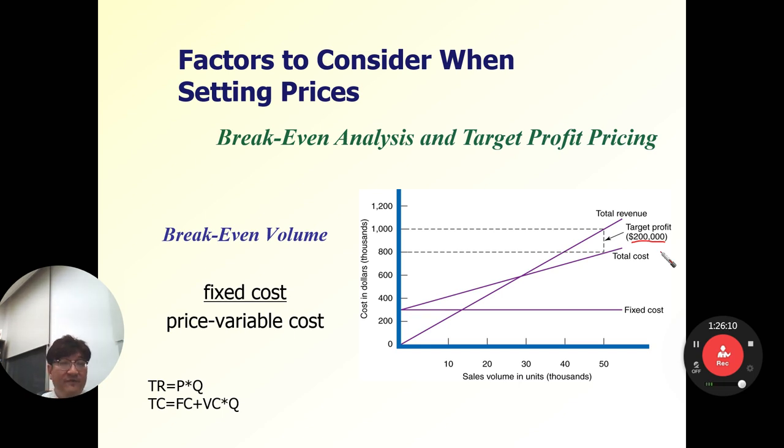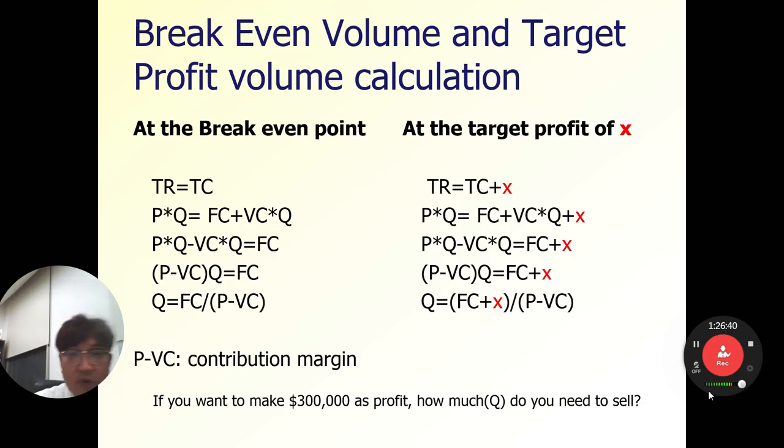If we need to calculate the target profit quantity for 200,000, the question is: if you want to make 200,000 as a profit, how many units do you need to sell? If the question is like that, then you need to do the target profit calculation. But the target profit calculation is not quite different from the break-even point calculation.